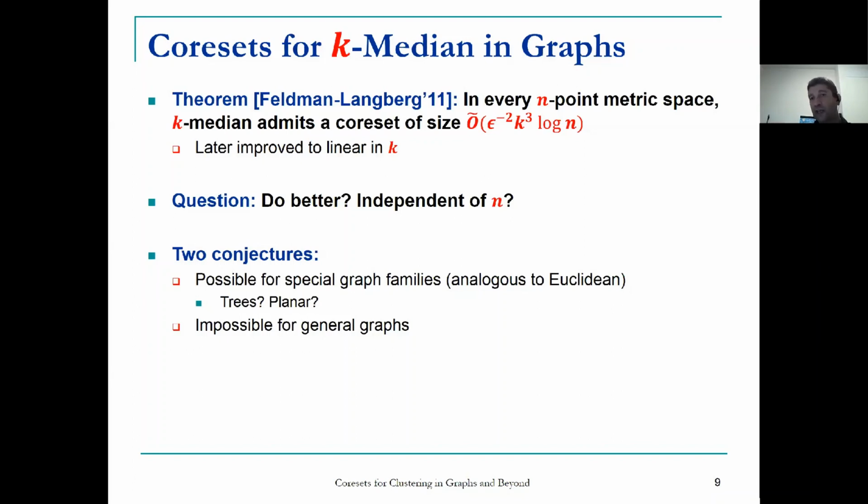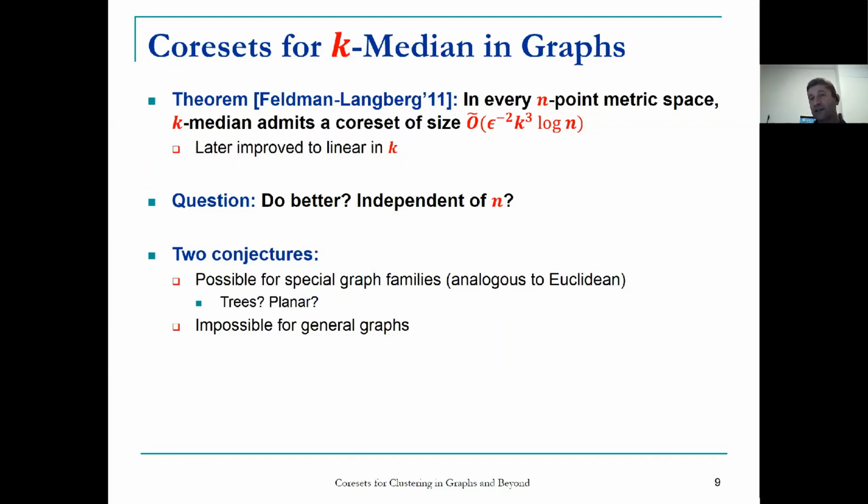Okay, so one of the main results is this theorem of Feldman and Langberg, because it introduced a very powerful technique based on sampling. They actually look at the Euclidean setting, but one of the results applies in arbitrary metric space. So in arbitrary metric space, there always exists a coreset of size Õ, I'm just going to call it O throughout, so it omits polylogarithmic terms.